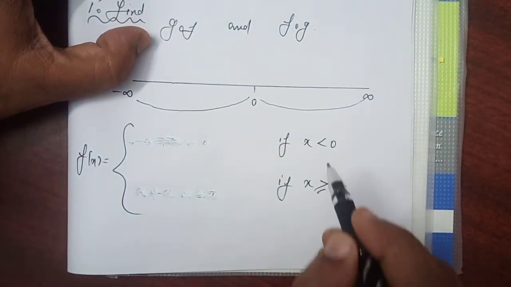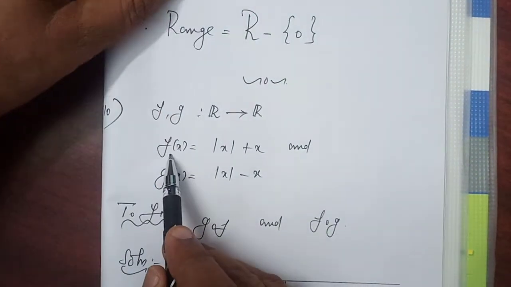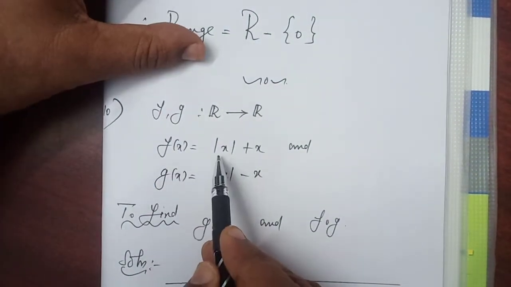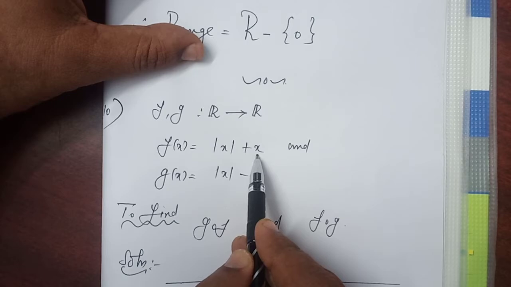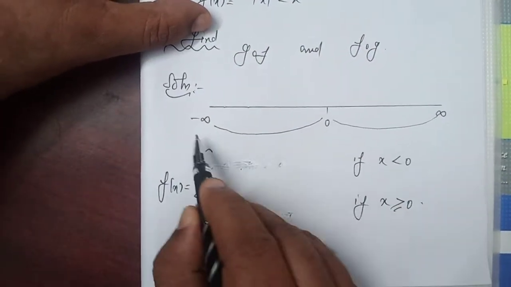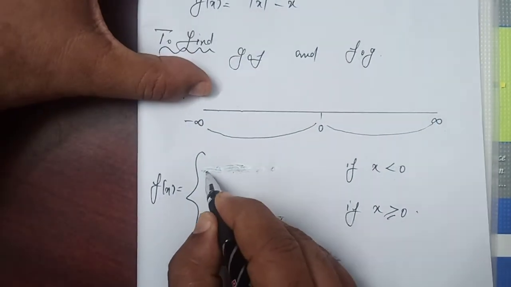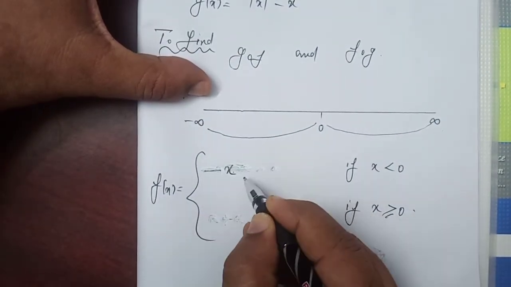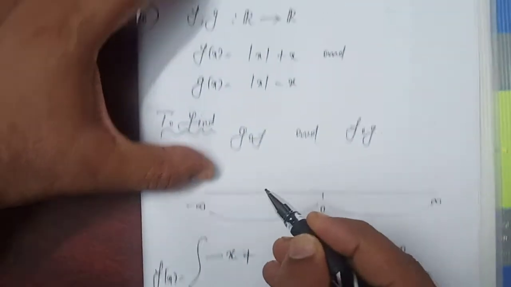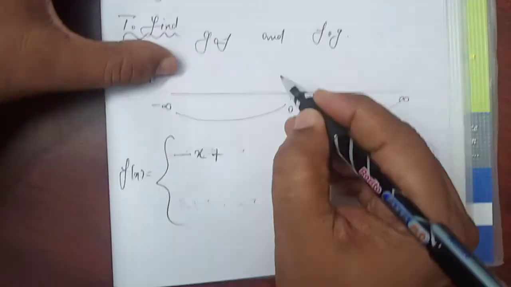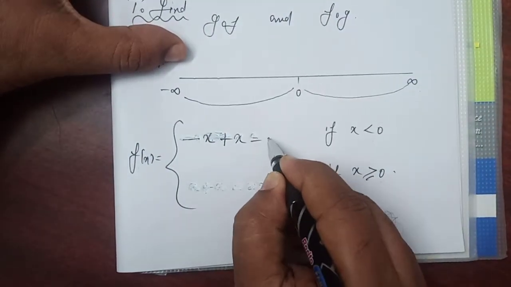Okay. Now here we have f of x, that is equal to modulus of x plus x. So in this interval less than 0, the modulus of x should be written as minus x, and plus x as it is, that is equal to 0.